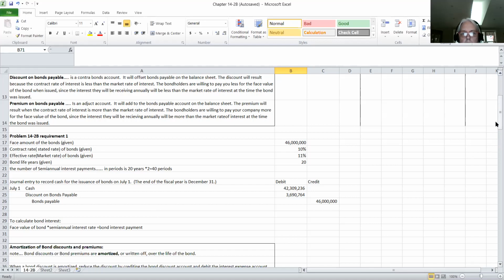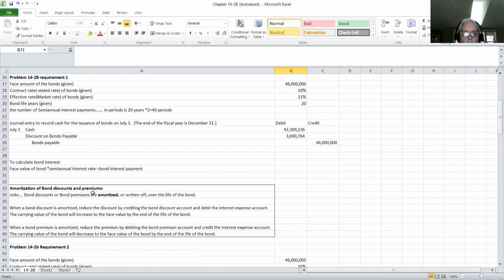Before we calculate that bond interest payment, I want to talk to you about what is called the amortization of bond discounts and premiums. In this particular example, we are not working with a premium. So what we will be doing is amortizing bond discounts.